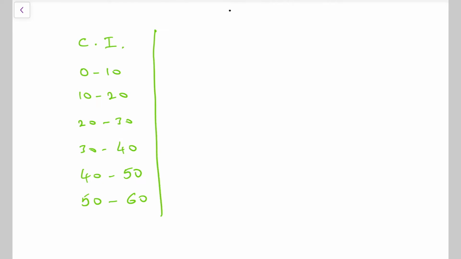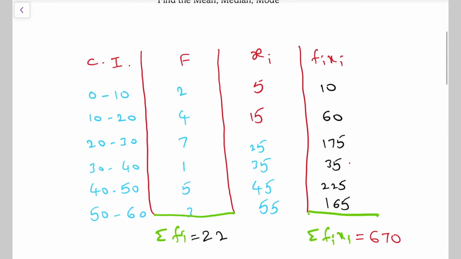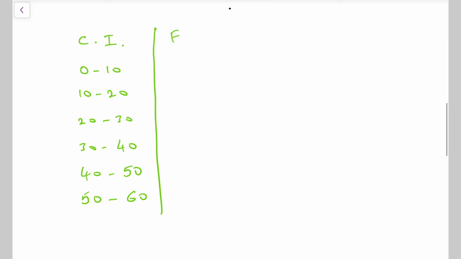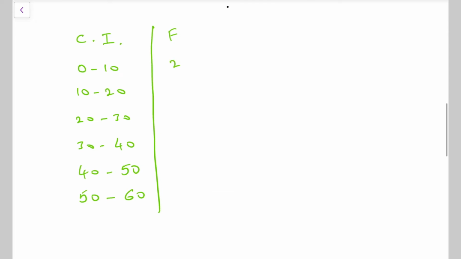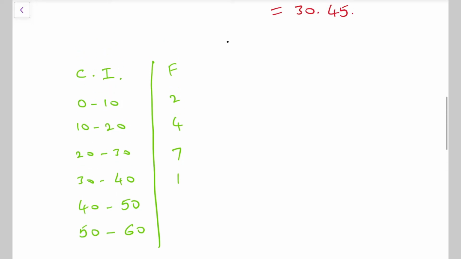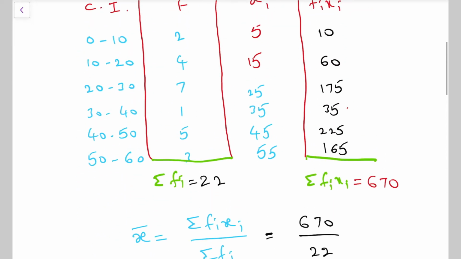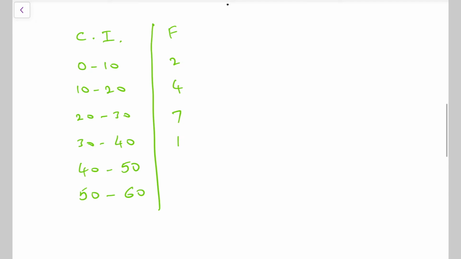Next, frequencies, this is also given in the question itself, that is 2, 4, 7, 1, 5, 3.